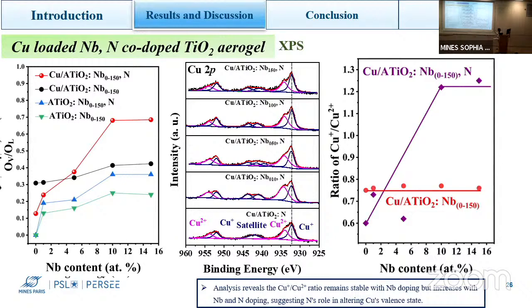With the niobium doping amount increase, its copper 1 increases, and 10% is the maximum. That maybe suggests that in kerosene during the ammonia treatment, there is electron transfer between copper and the niobium doping. That's why the copper 1 is getting higher with niobium doping increase.